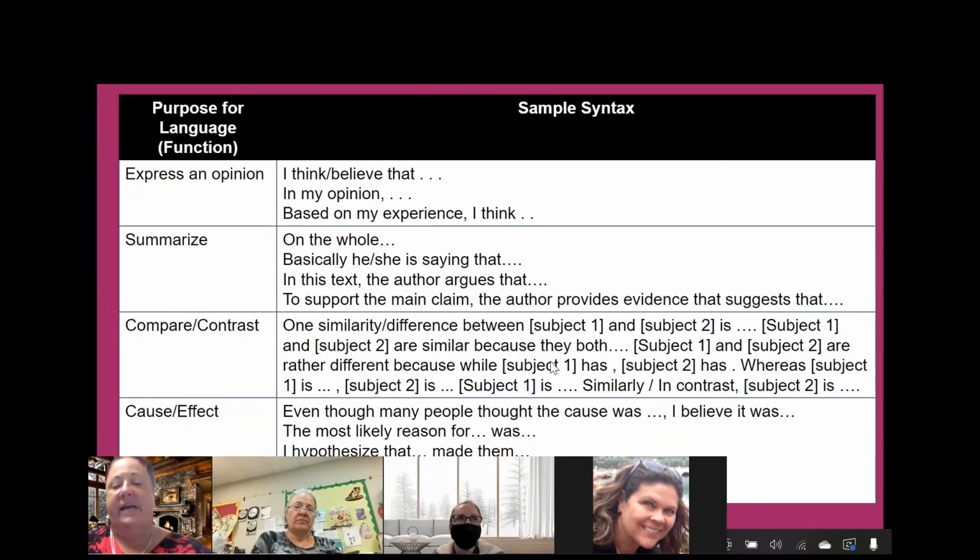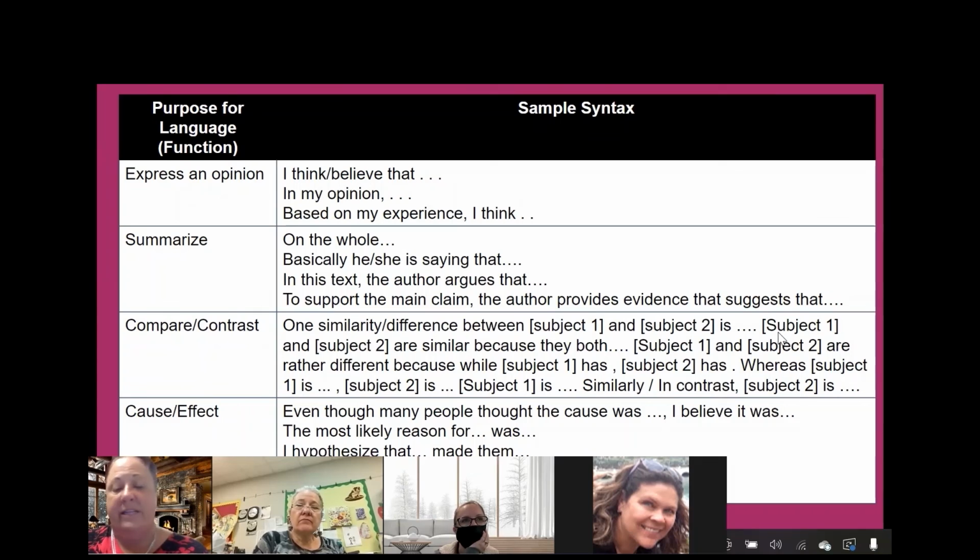For example, when we're doing compare and contrast, we usually use "and" or "both," some type of connection word. So really helping them know that, so that when they see a lot of "and" or "both" in a sentence or text, they know, oh, this might be compare and contrast. Really pointing that out with our students.